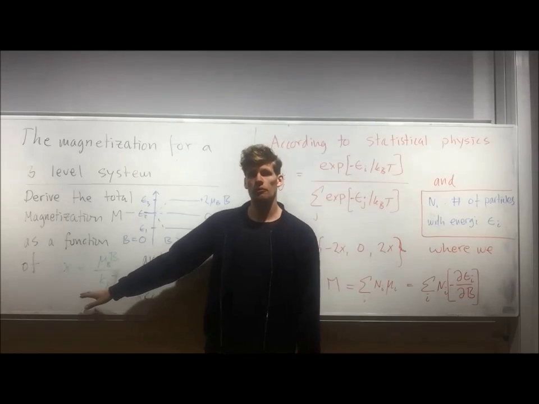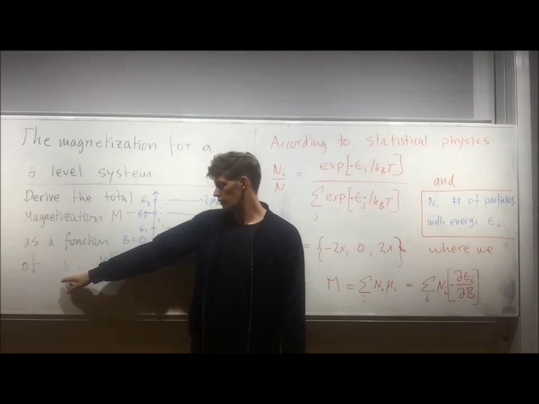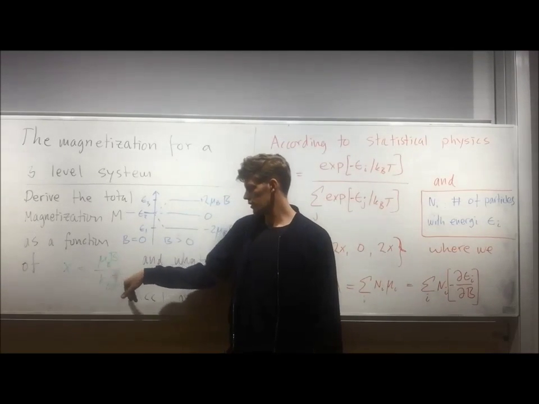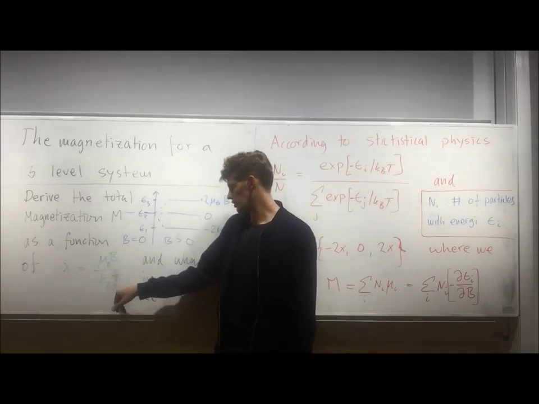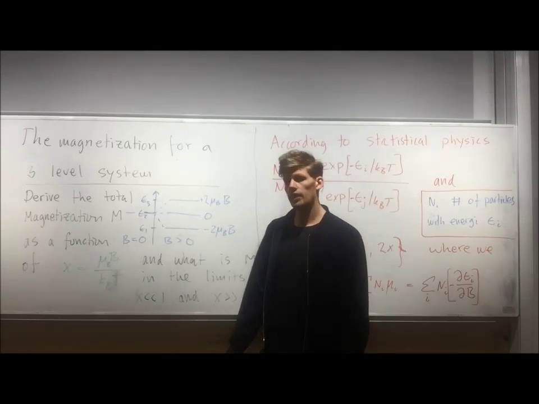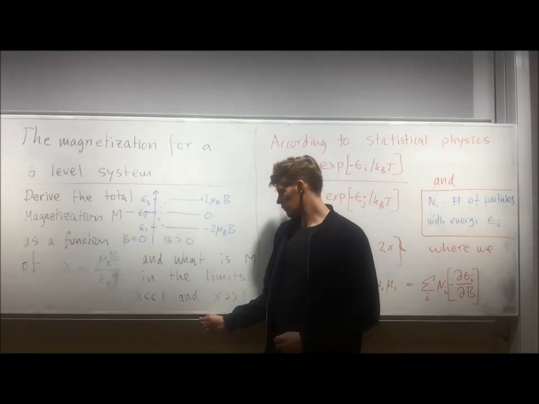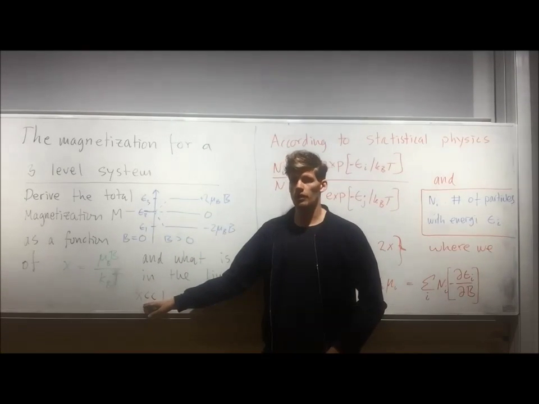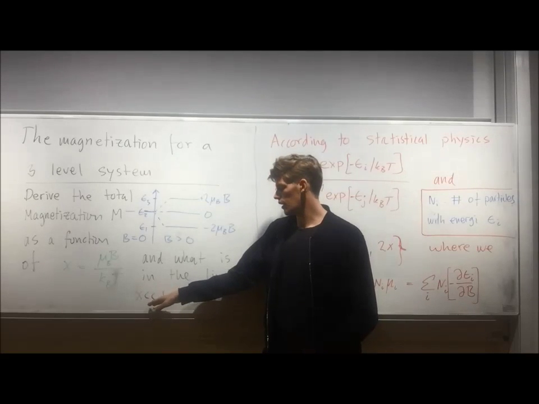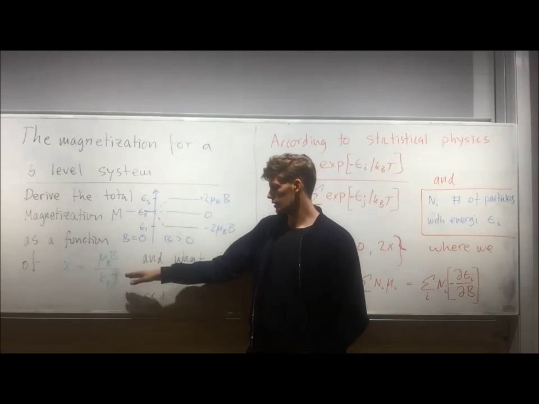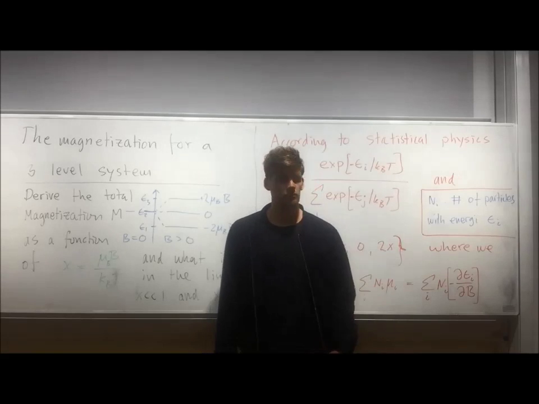We will also, by using a substitution of variable, x equals this expression here, find an expression in terms of x for the magnetization, and also determine what the magnetization is in the low limit for x and in the high limit for x.